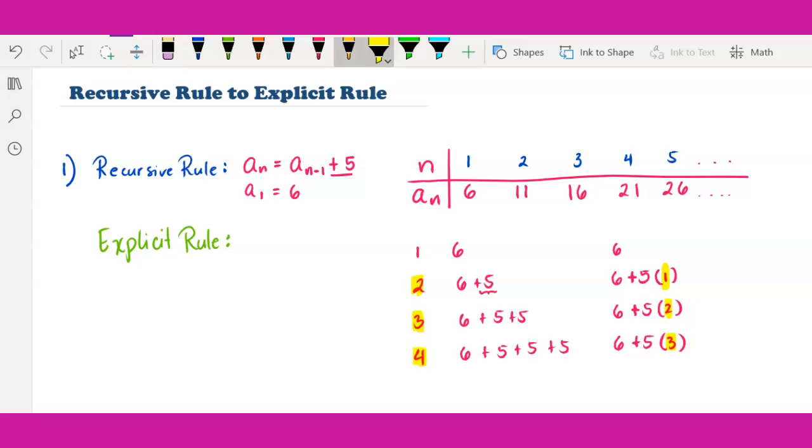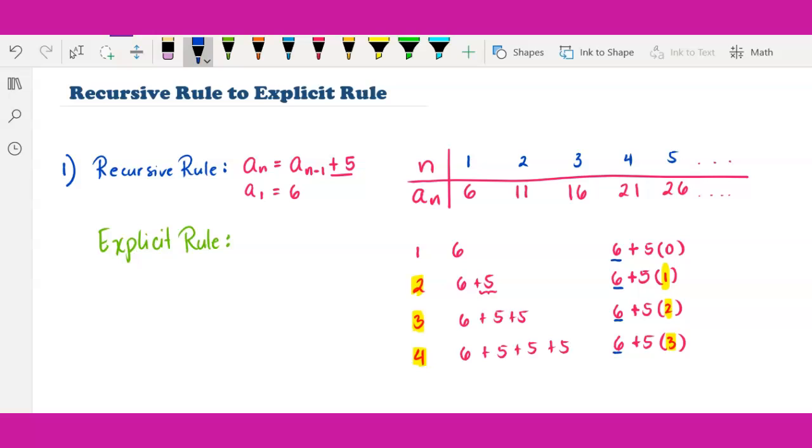Now, what about 6? This one here, we can write as 6 plus 5 times 0. Notice that we're adding 5, but when we write it using shorthand multiplication, we're multiplying 5 beginning from 6.